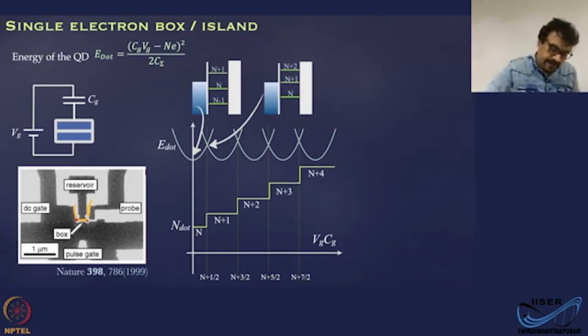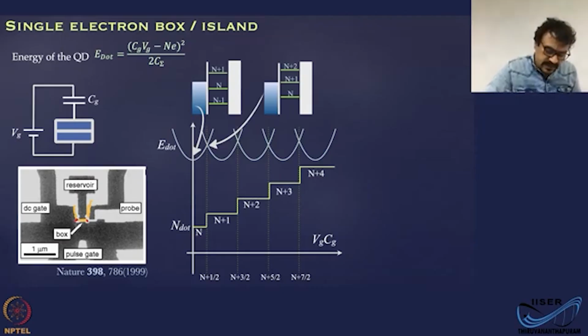And there are also gates which are capacitively coupled to this small conducting region. This was actually a superconducting device, but if you apply a magnetic field, you can make it a single electron box.